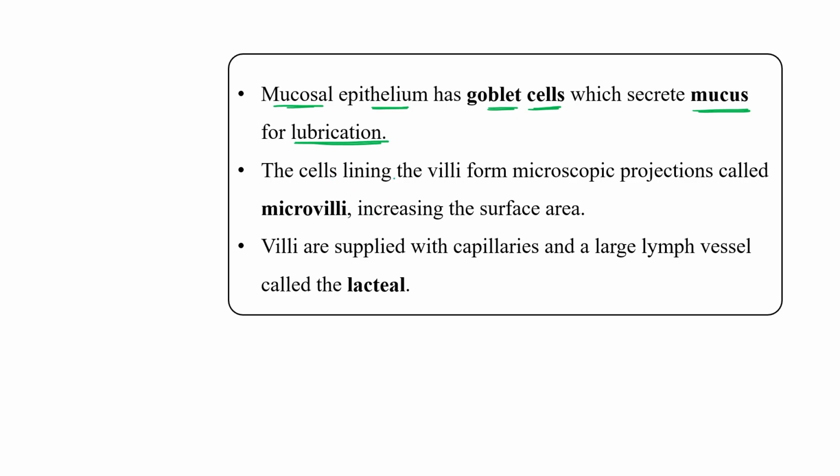Some cells lining the villi form microscopic projections known as microvilli, which, as I already told you, increase the surface area. The villi are supplied with capillaries and large lymph vessels called lacteal. Clear?